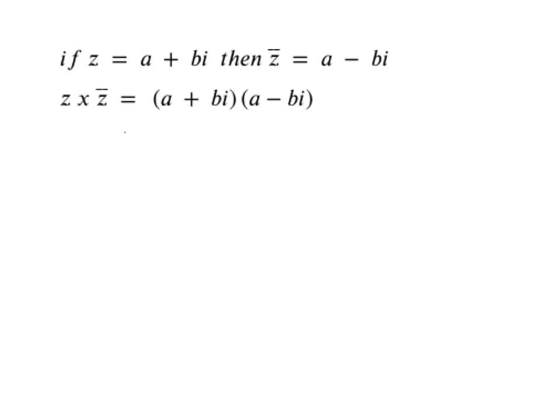Otherwise, keep watching. So here I've got z times the conjugate of z, which means the only thing that's changed is those signs. When I expand it out, I expect to get plus abi and minus abi, which cancel each other out.